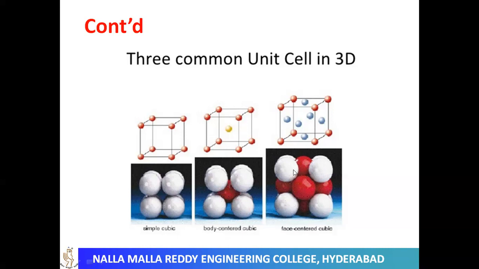In the FCC, the constituent particles are present at the corners, that is, the 8 corners will be occupied, and there are 6 faces, and constituent particles will be present at the center of each face. Such a type of unit cell is known as a face-centered unit cell.